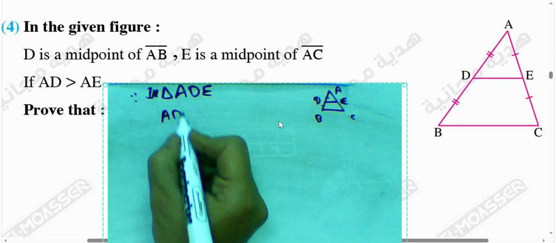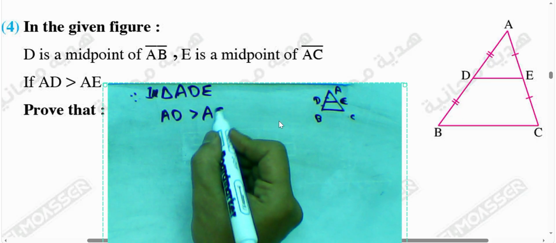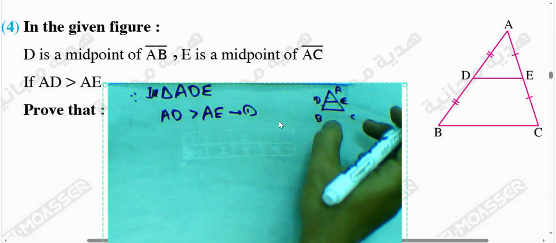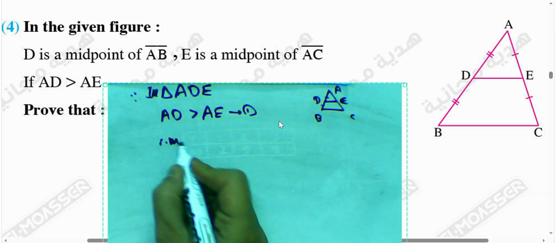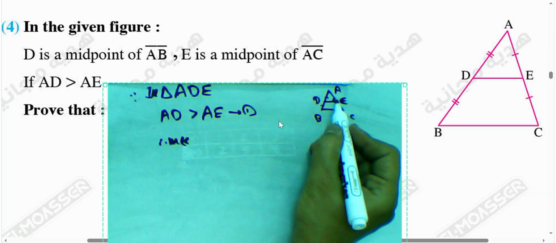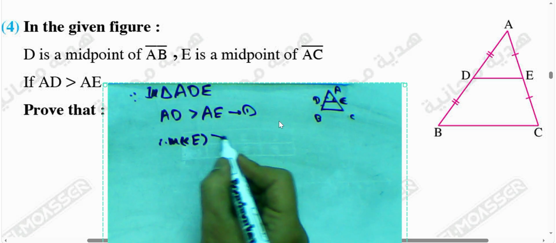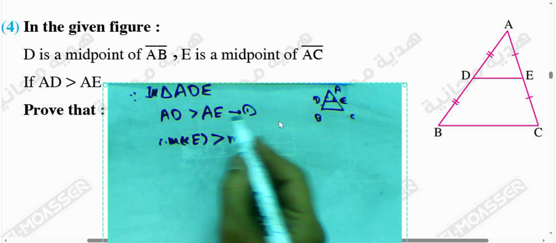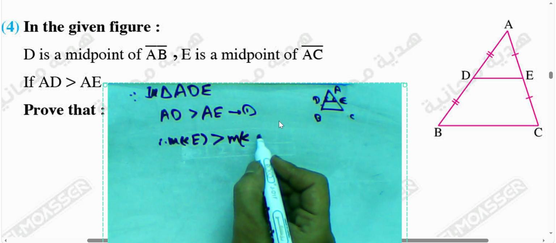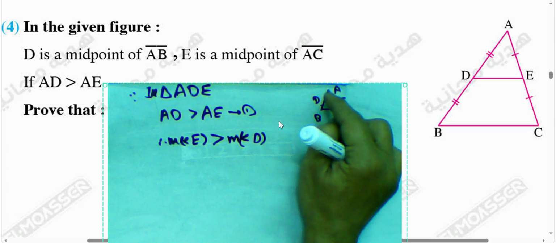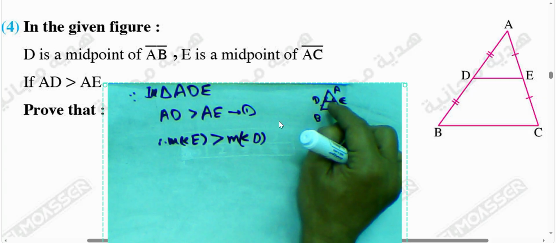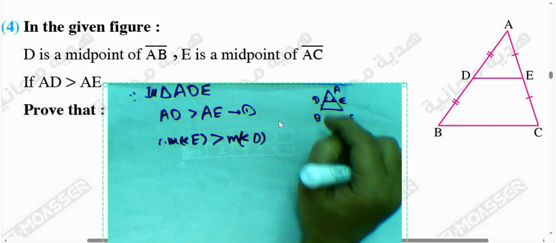AD is greater than EE. This is relation number 1. He gives me AD greater than EE, then the measure of angle E, opposite ED, will be greater than the measure of angle D, because AD greater than EE means the opposite angle E is greater than the opposite angle D.